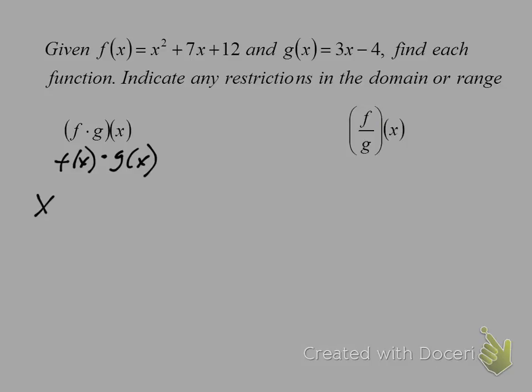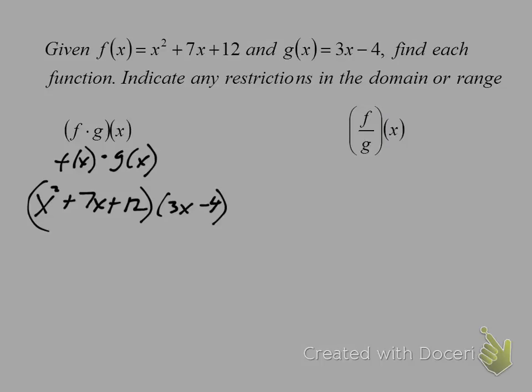So f is x squared plus 7x plus 12, and we're multiplying that with g, which is 3x minus 4. That turns into a trinomial times a binomial, which means you have to multiply that out like last chapter. I'm going to do that a little quick.